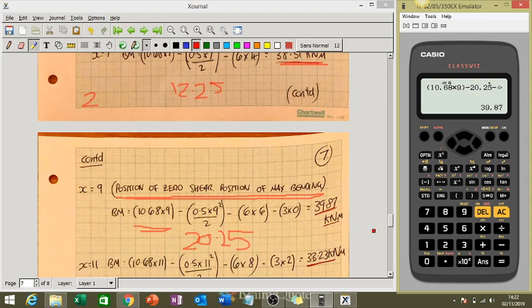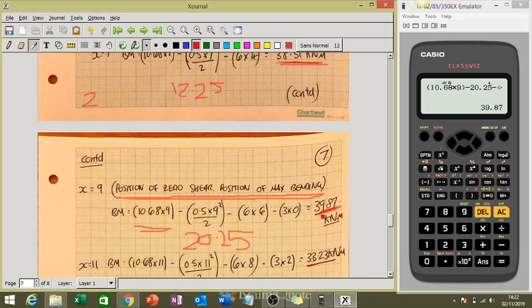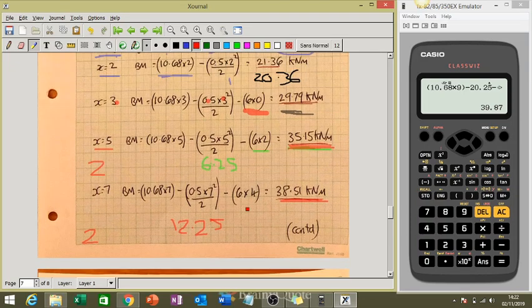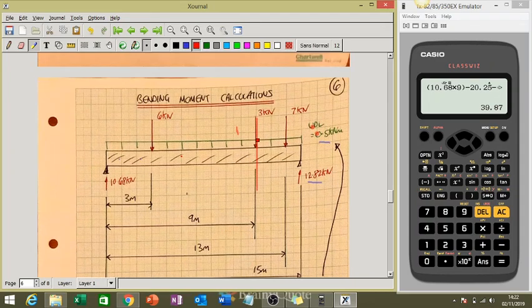Gives me 39.87. So 39.87 kilonewton meters. So hopefully that's our biggest number. That's the position of zero shear force, so it should be our biggest bending moment there. So if everything's correct, this is where the biggest bending moment's going to be, which means it may fail there due to bending.